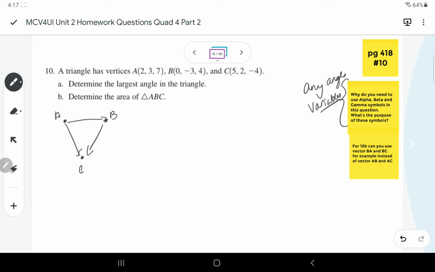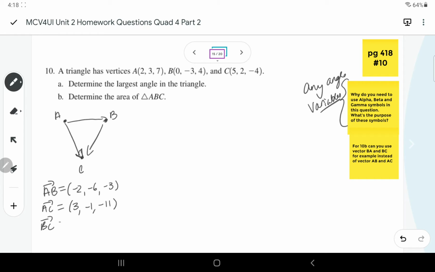It doesn't really matter which vectors you find, but I would figure out what each vector would be. So AB is going to be -2, -6, -3. AC is going to be 3. 2 minus 3 is -1. And -4 minus 7 is -11.